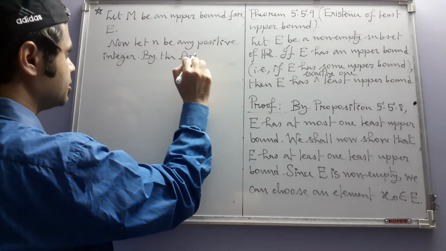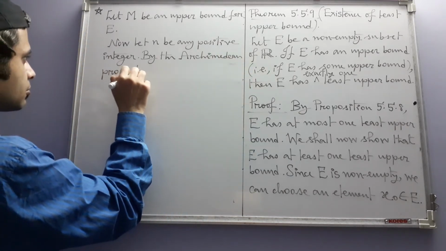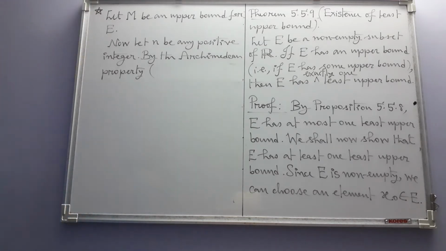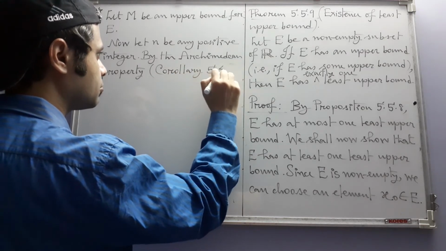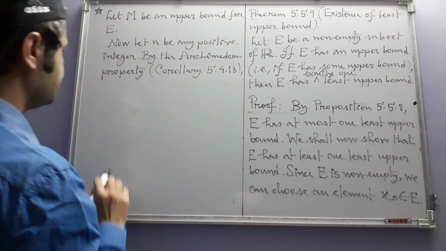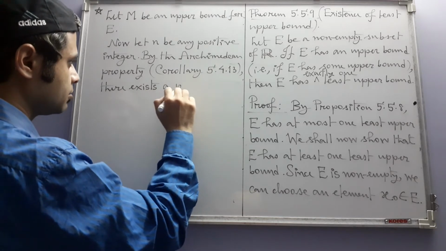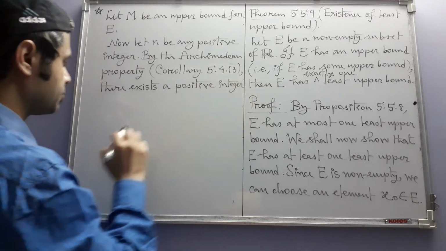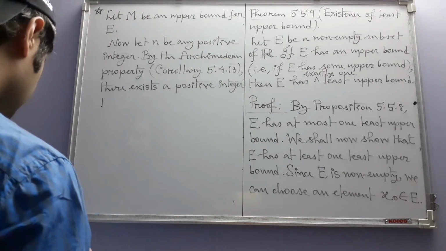By the Archimedean property, which was corollary 5.4.13, there exists a positive integer n or k, whatever we want we can take. They have taken k.